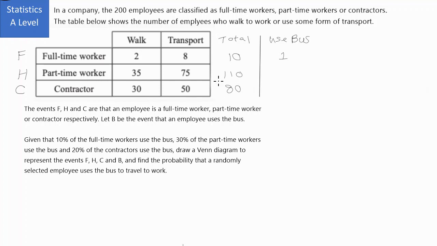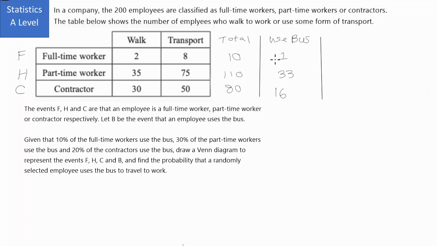30% of part-time workers use the bus. Well, 10% of 110 is 11, so 30% is going to be 33 people. And finally, 20% of the contractors use the bus, which is going to be 16 people. Now the next thing that we need to do is work out how many people are left over.